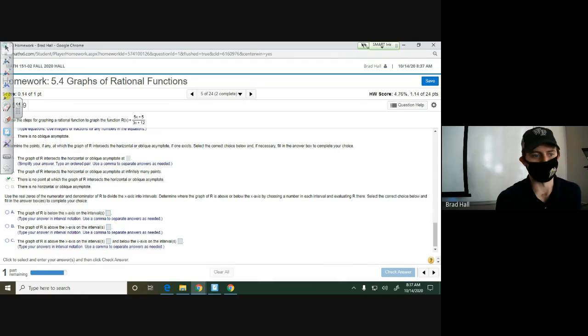So additionally, we need to figure out where the graph is below the x-axis. So it says here, use the real zeros, which are the x-intercepts of the numerator and the denominator, we'll talk about that in a bit, to divide the x-axis into intervals and using something called the number line test.